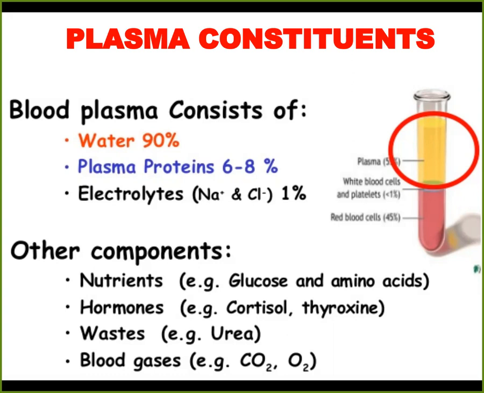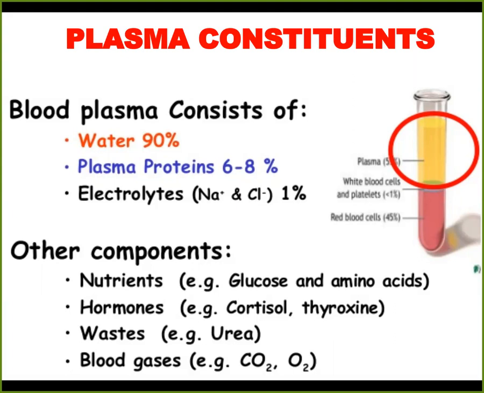Normally, plasma consists of water, mostly, 90 to 91%. 6 to 8% is proteins, and all other components are usually around 1% only. It's inorganic substances, electrolytes, and mostly it's sodium, potassium, calcium, and chlorine ions.